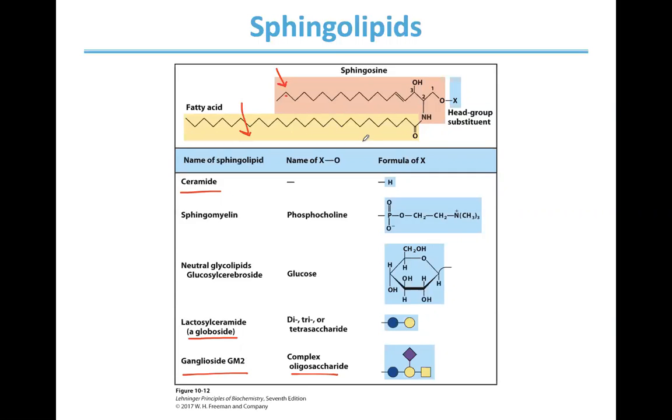So what we need to remember is this terminology: sphingosine, ceramide, sphingomyelin, globoside, and ganglioside. I think 1, 2, 3, 4, 5 words, right? If I forgot one of them, I'll let you know next time.